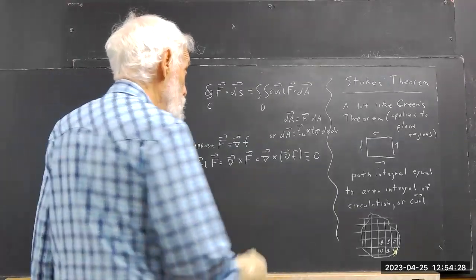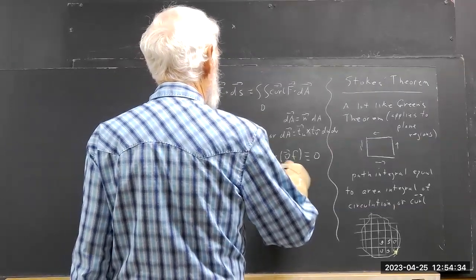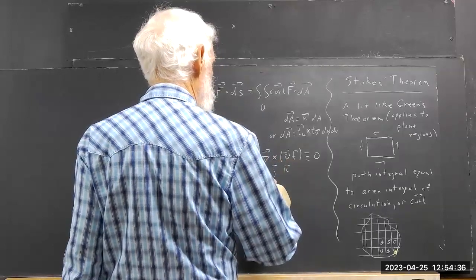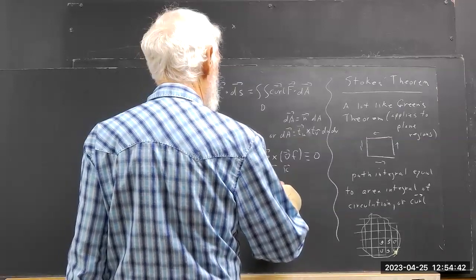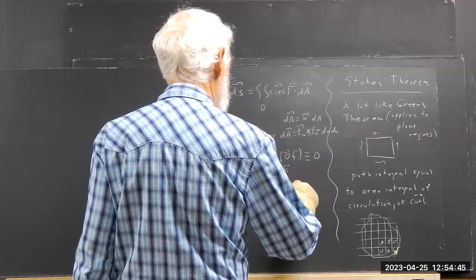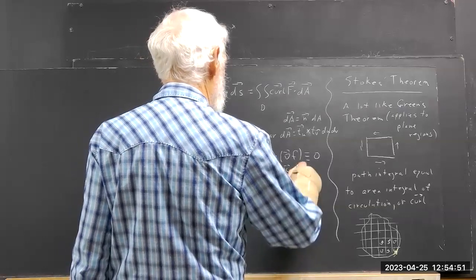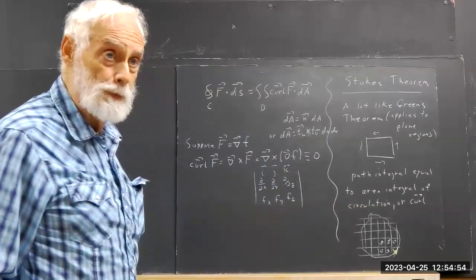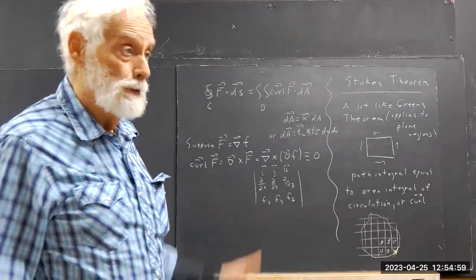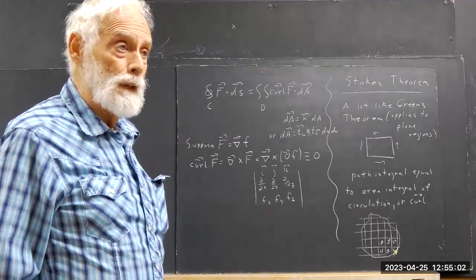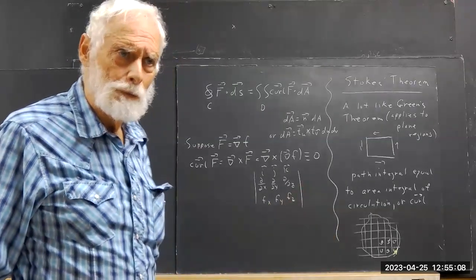You can simply write out del f and the curl, and if you multiply this out, everything cancels. You should be able to do that, in case you ever forget whether the curl of the gradient is really zero.